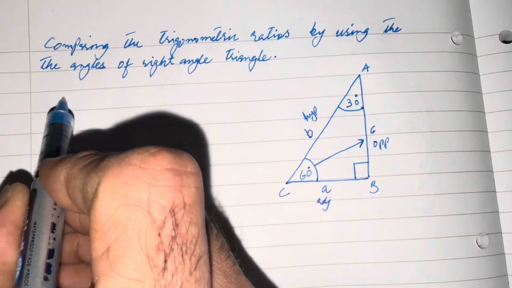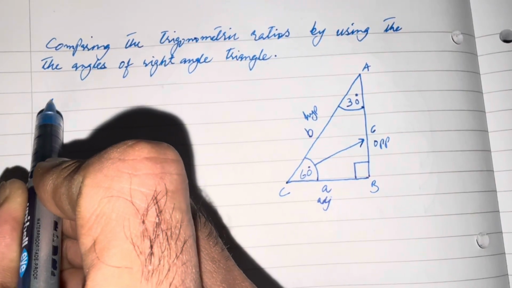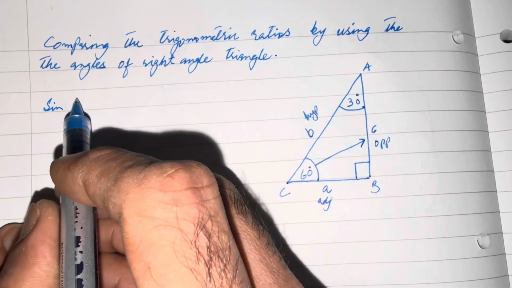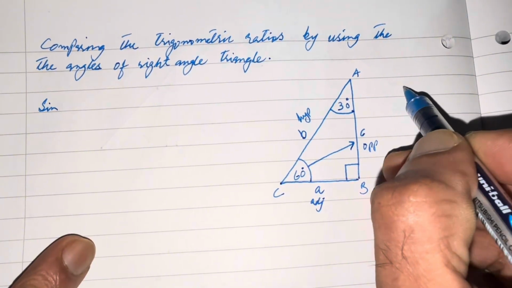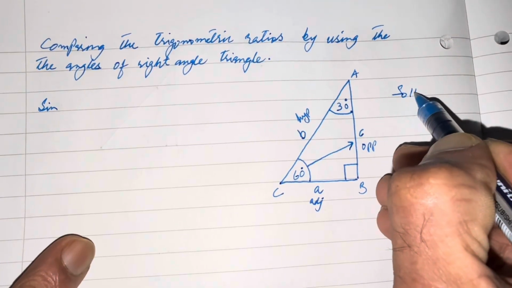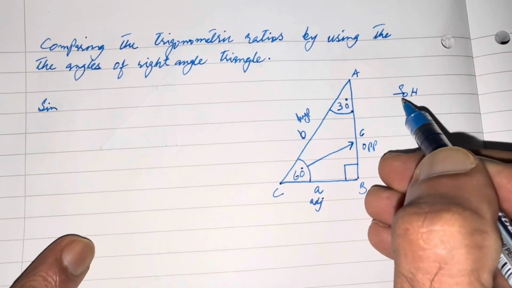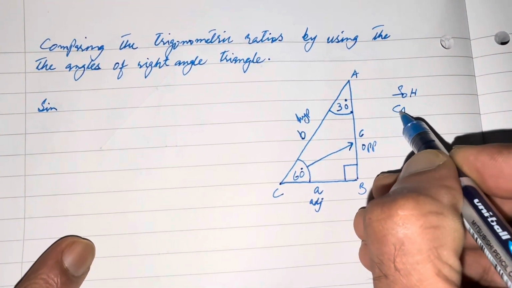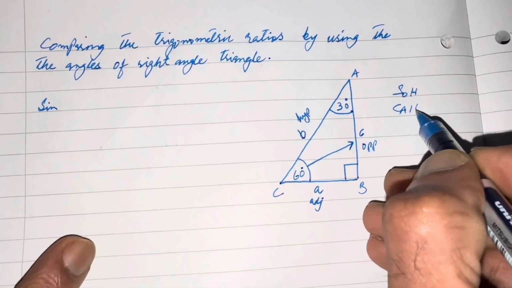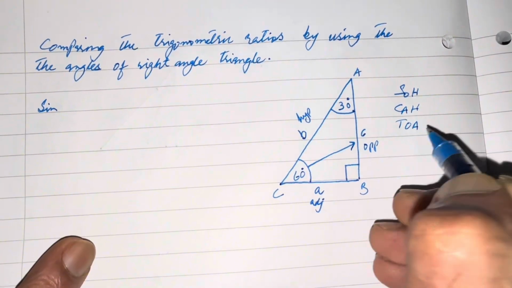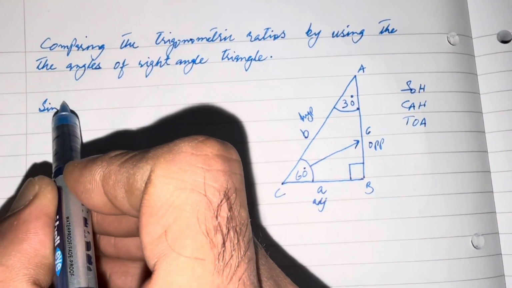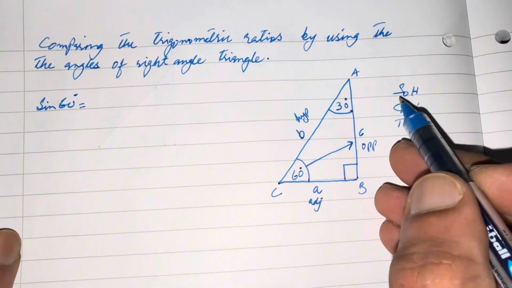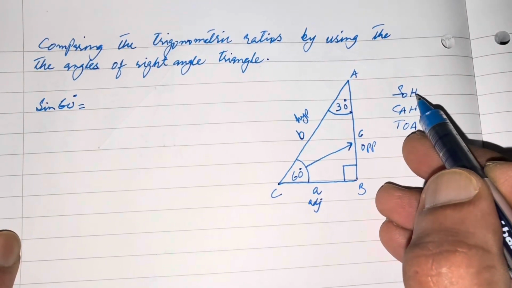So first of all, the first three ratios we have to find with the magical words SOH, CAH, TOA. I have already told you many times what these magical words are. So sine 60 degrees will be equal to, sine is S for sine, O for opposite, H for hypotenuse.